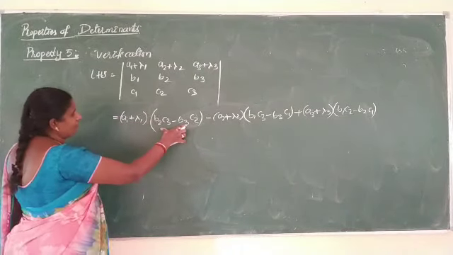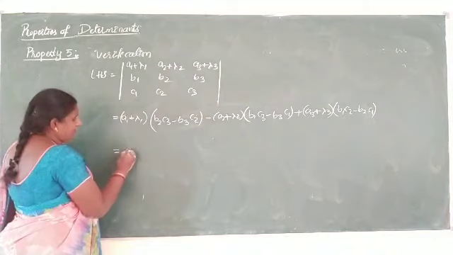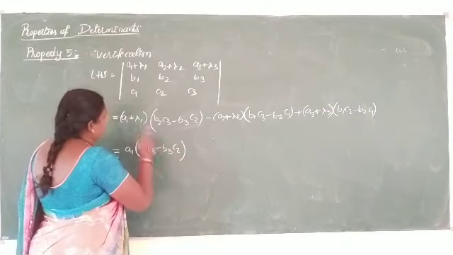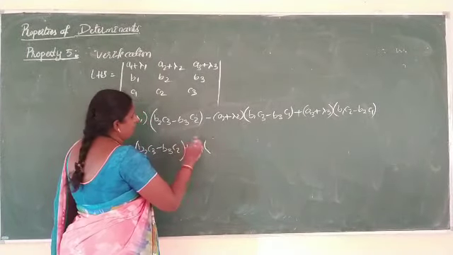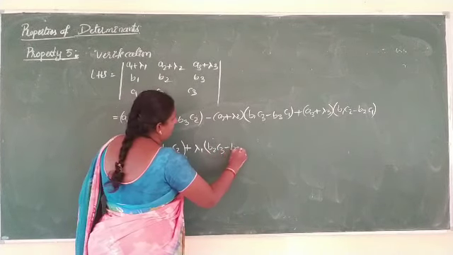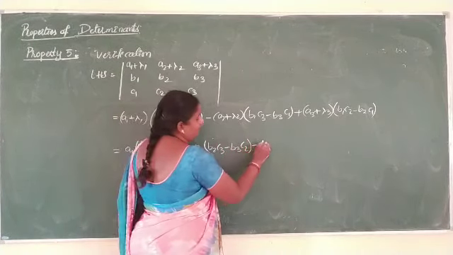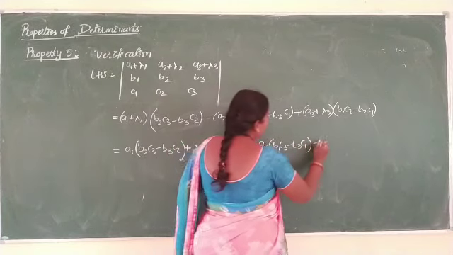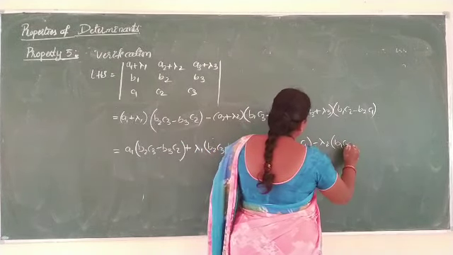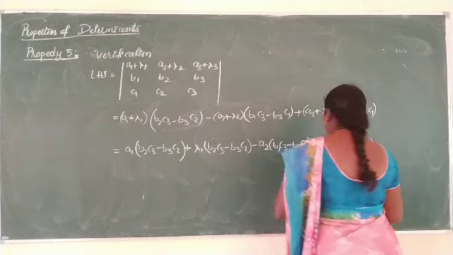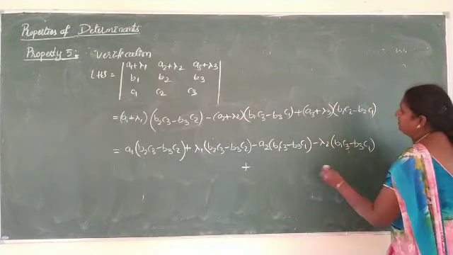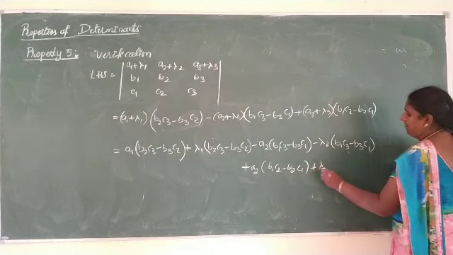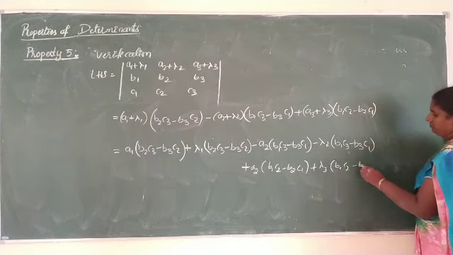So this term we can write for both A1 and lambda 1. Simplify this: A1 into B2 C3 minus B3 C2, plus lambda 1 into B2 C3 minus B3 C2, and here also expand in the same way, minus A2 into B1 C3 minus B3 C1, minus lambda 2 into B1 C3 minus B3 C1, plus, and this term also expand now, A2 into B1 C2 minus B2 C1 plus lambda 3 into B1 C2 minus B2 C1.